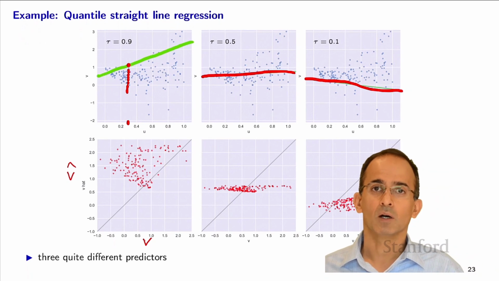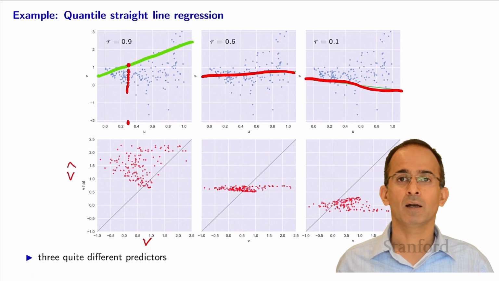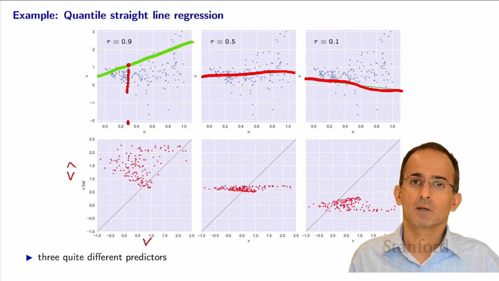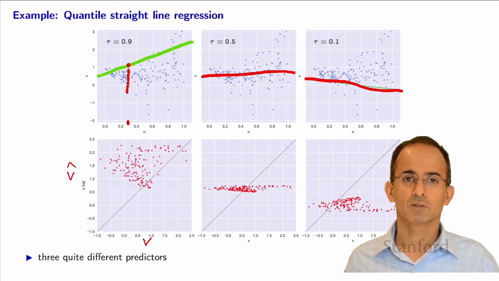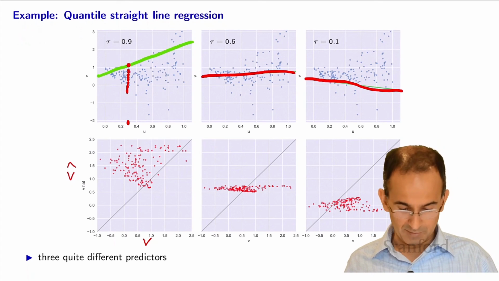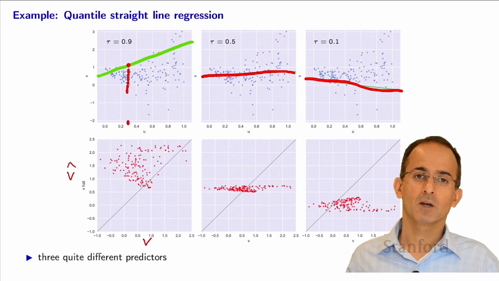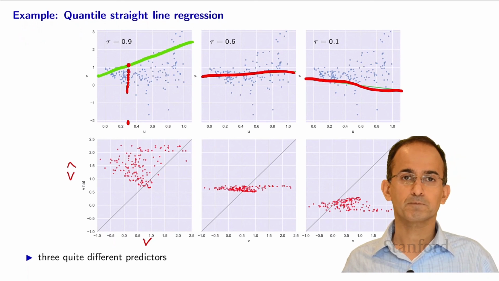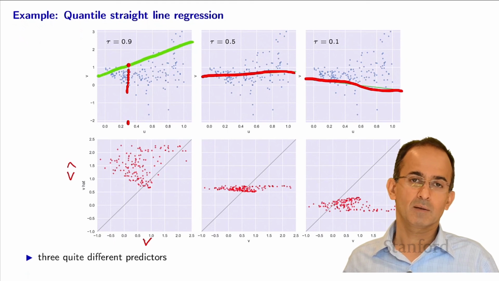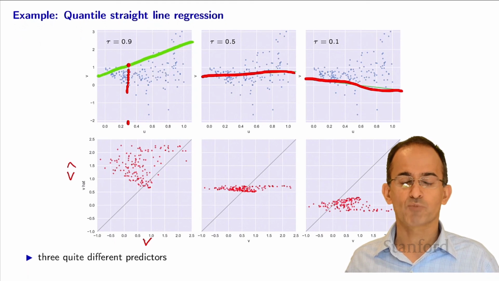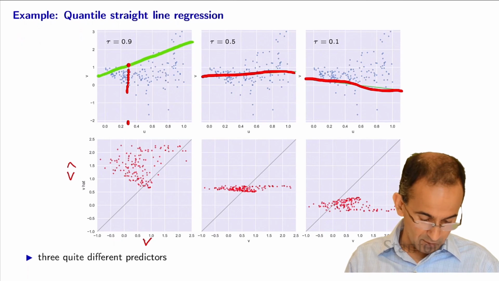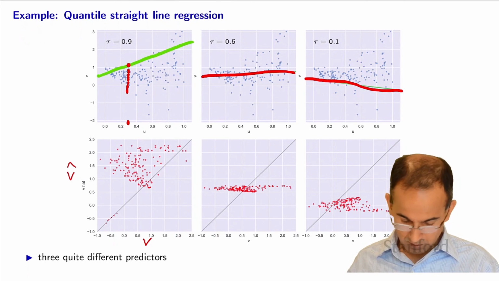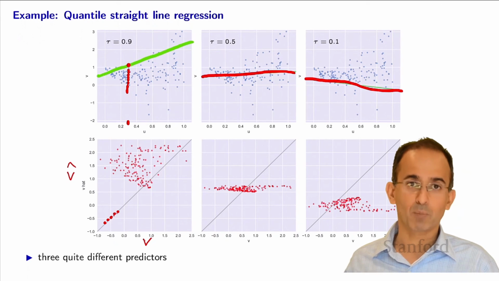Now in the ideal world, v hat would be equal to v, our predictor would produce perfect predictions, but of course we know that's not very likely, particularly with this data set. And so we see that v hat and v are spread out. So in the ideal world, we'd have v hat and v would be a bunch of data points that would live on the diagonal, and that would be the perfect predictor.